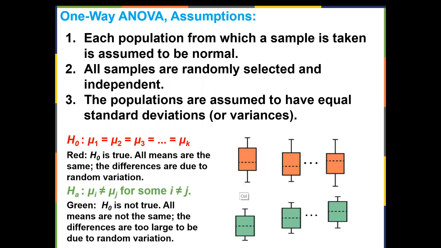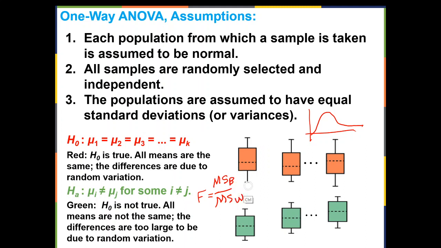And how can we know? Well, we find F, and that F, we put it under an F distribution, right. It is a ratio, and the ratio is MS between over MS within.